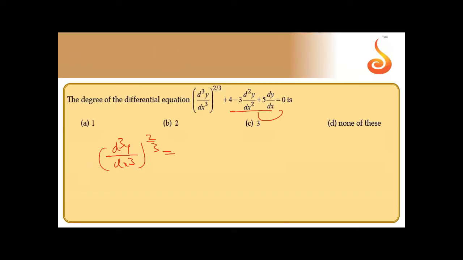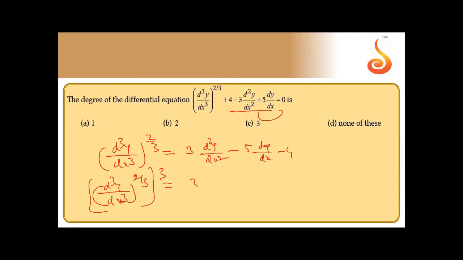If I take that side, what will happen? 3 d square y by dx square minus 5 dy by dx minus 4 comes. So cubing on both sides. When I take the cube on both sides, on the left side the cube cancels.